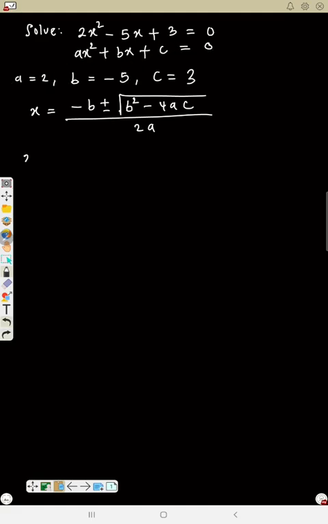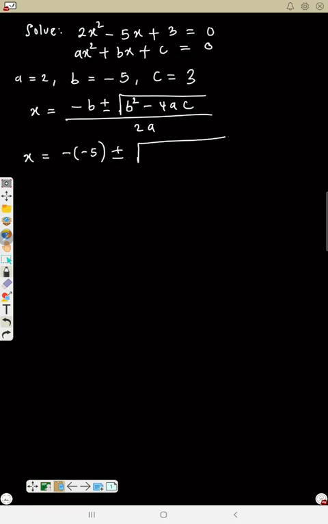So that means x is equals to minus. Now what is your b? You will notice your b is minus 5. That means you will have bracket minus 5. That is, b is minus 5. This minus here is still the minus here, but this b is minus 5. That is the minus 5 here. So that means you have double minus. Now take note.